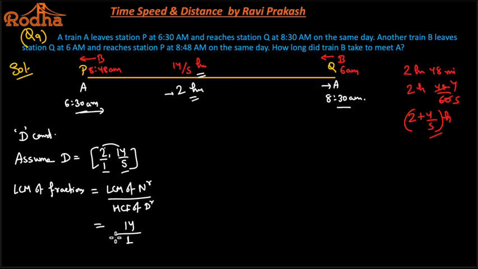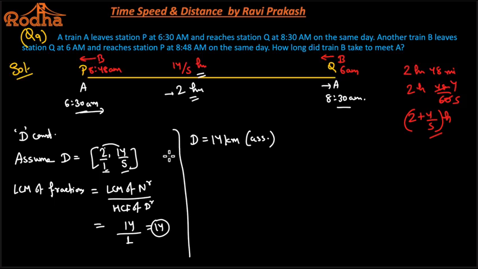HCF is the highest common factor. What is the highest common factor in 1 and 5? 1 is common. So 14 by 1, 14 is the LCM. So I can assume the distance to be 14 kilometer. This is an assumption.